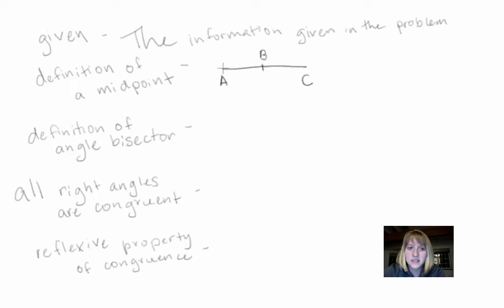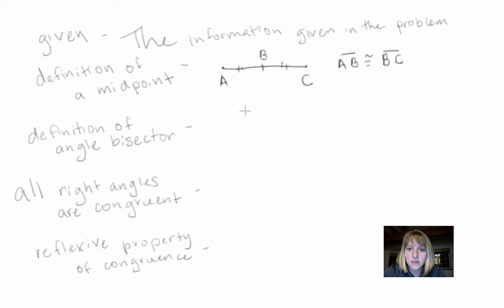Well, what does that really tell us? That tells us that AB is the same as BC, since it splits it exactly in half, like little dots here. So by the definition of the midpoint, we can say that AB is congruent to BC.